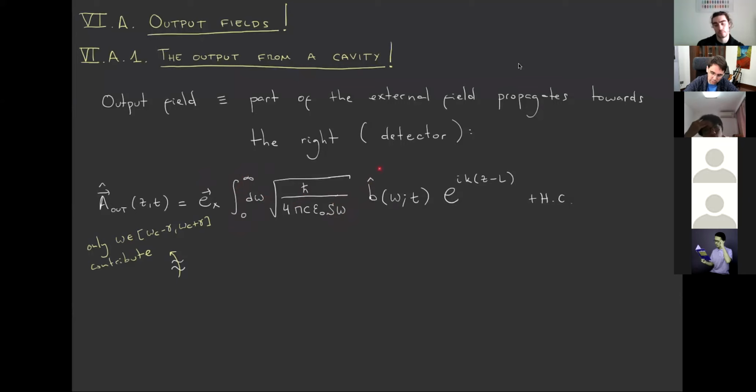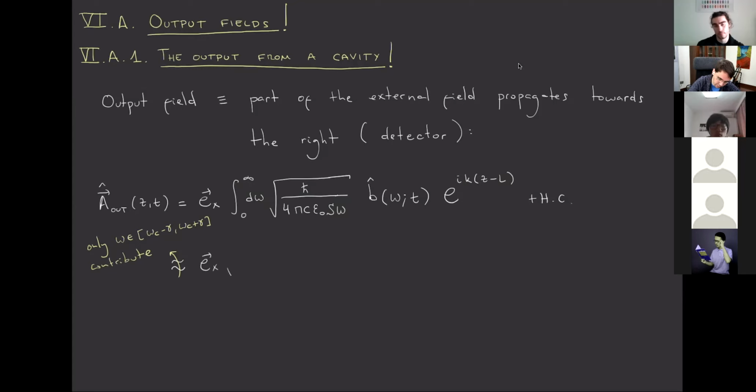We cannot do that with these two because they oscillate quite fast, at the frequency of the cavity. So they oscillate with omega. But we can do it for the square root of omega, and we can also extend the integration to minus infinity as usual.